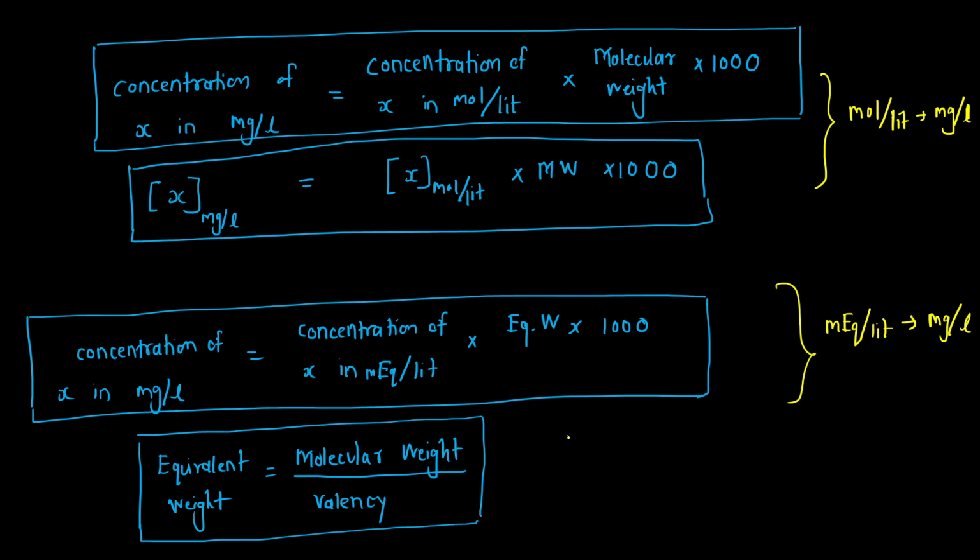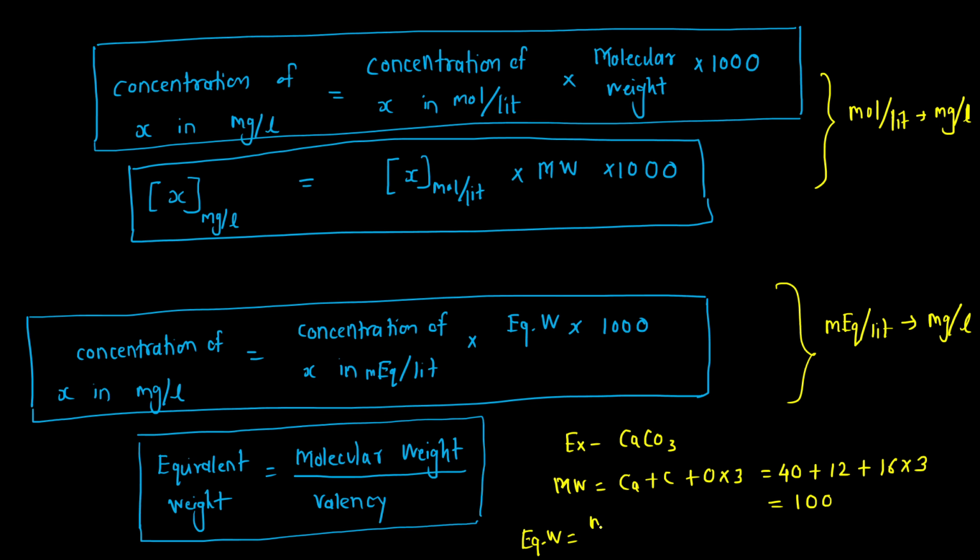So if you take one example here, the example of calcium carbonate. What is the molecular weight of calcium carbonate? It is calcium plus carbon plus oxygen into 3. Calcium is 40, carbon is 12, and oxygen is 16 into 3. So this is equal to 100. This is the molecular weight. And what about equivalent weight?